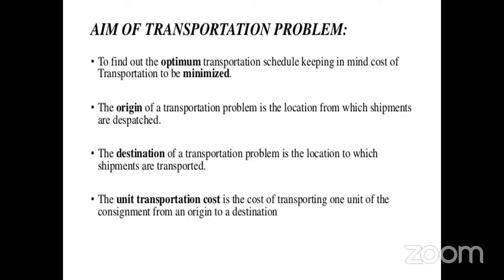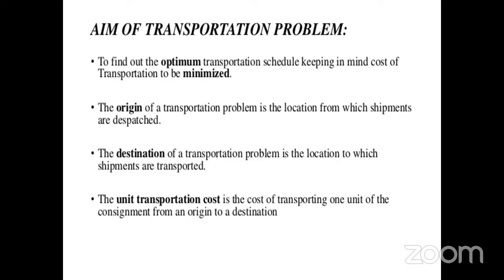To find out the optimum transportation schedule, keeping in mind the cost of transportation to be minimized. Optimum, I told you, means the best transportation schedule. To find out the best transportation, they'll keep in mind that the cost of transportation must be minimum.